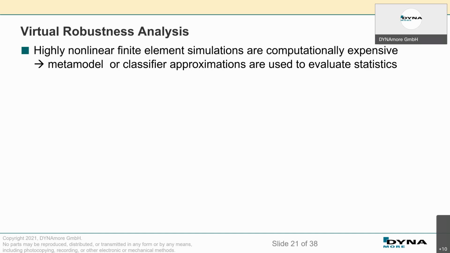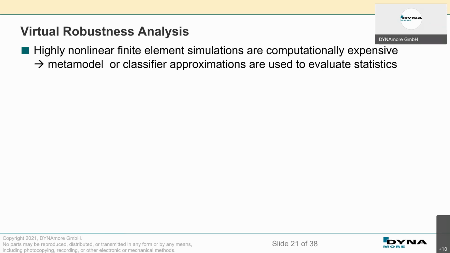But since we have highly nonlinear finite element simulations, which are usually computationally expensive, we cannot afford such an amount of simulations. So the idea is, instead of using exact simulation results, we want to use approximations of the simulation results and use the approximations to evaluate statistics.